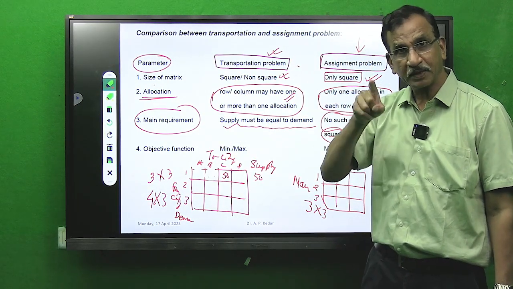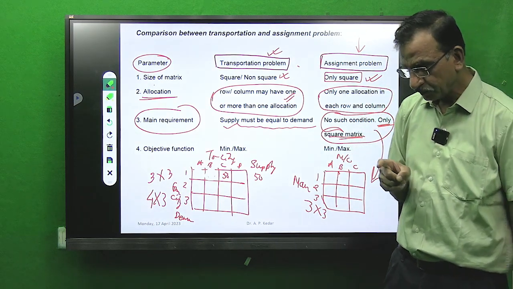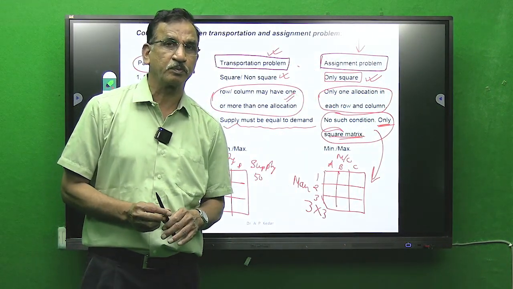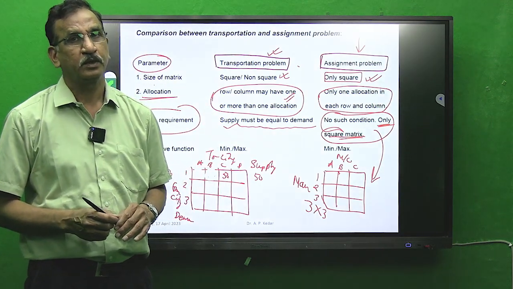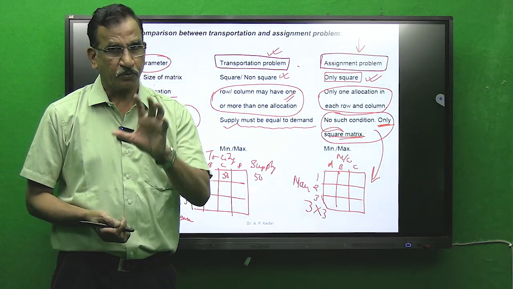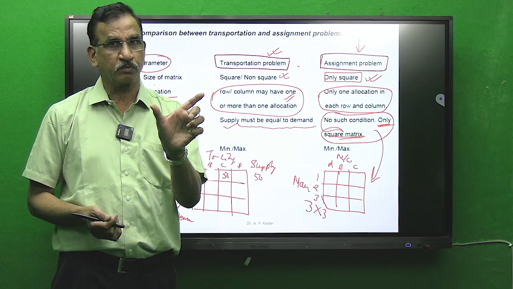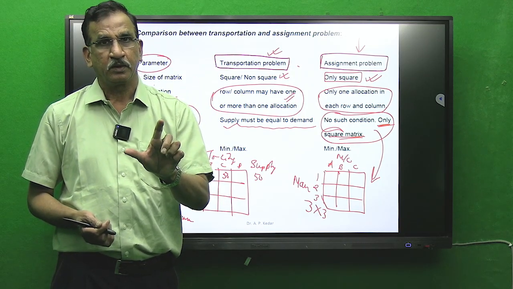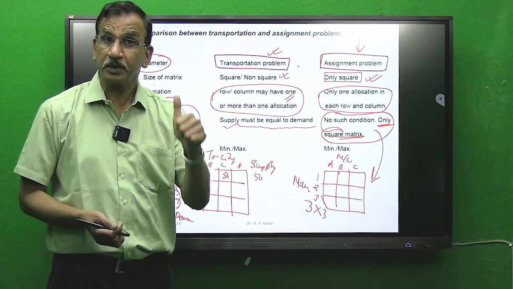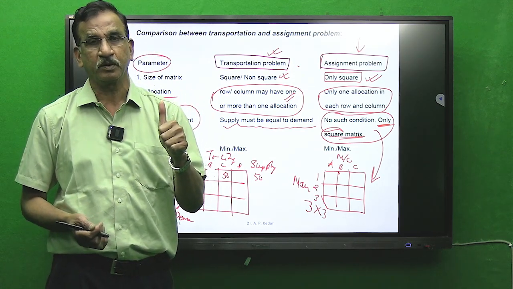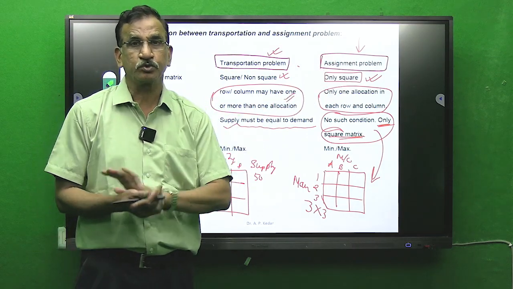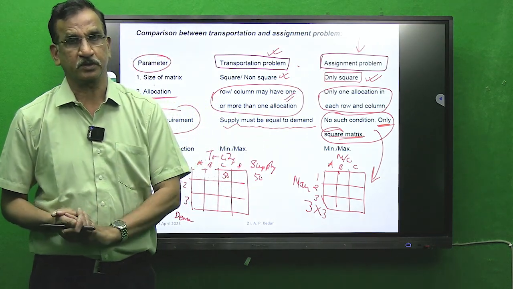But again I am repeating, it may be square or non-square, but total supply has to be equal to total demand. Once you do this step of total supply equal to total demand, your matrix may be square, may be non-square. In case of the transportation problem, it hardly matters, but for the assignment it has to be a square matrix.